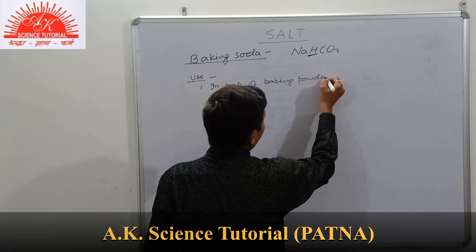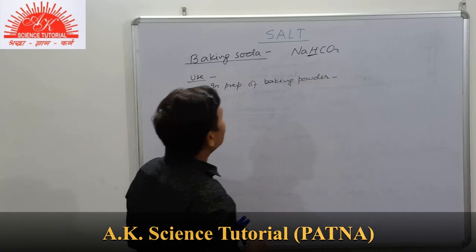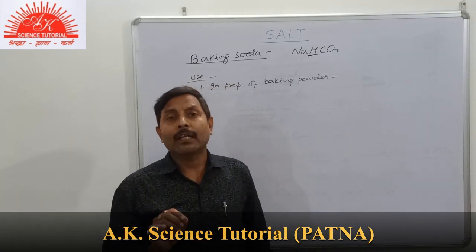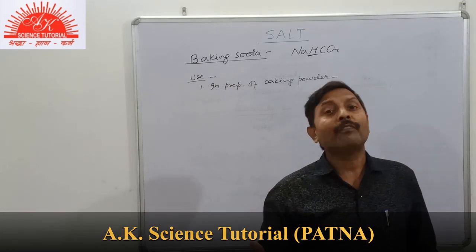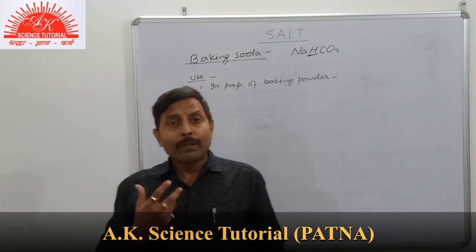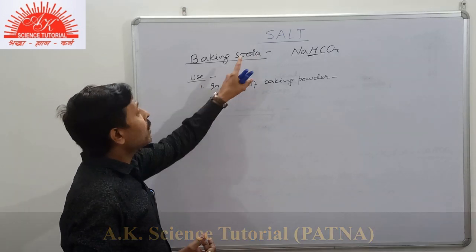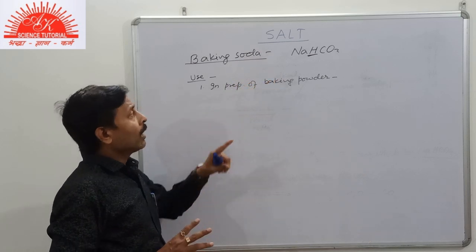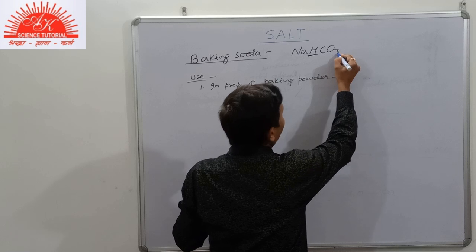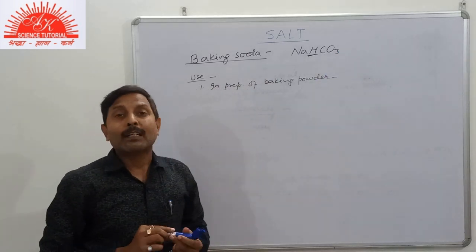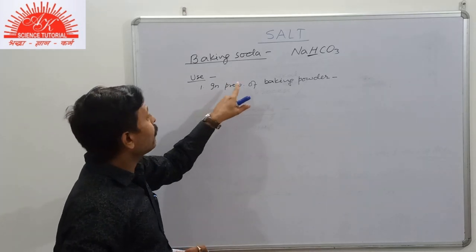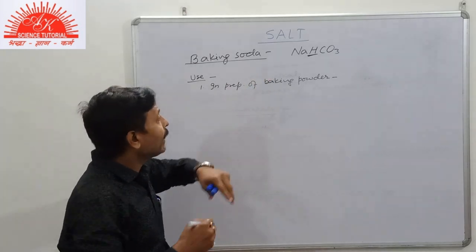As the name suggests, it is used in making the dough fluffy, like in making pakora, bread, biscuits, cakes. We use this because when this baking soda is heated, carbon dioxide is evolved that makes the dough fluffy. So it is used in the preparation of baking powder.